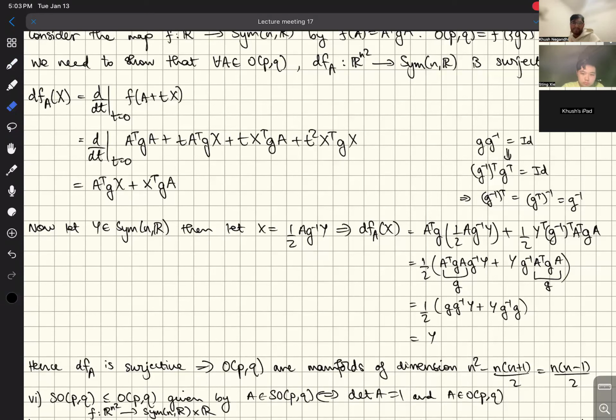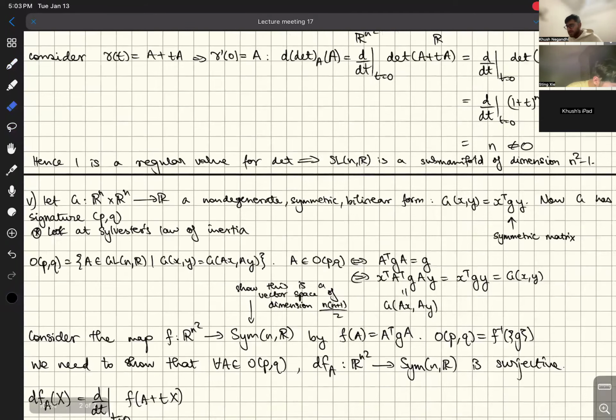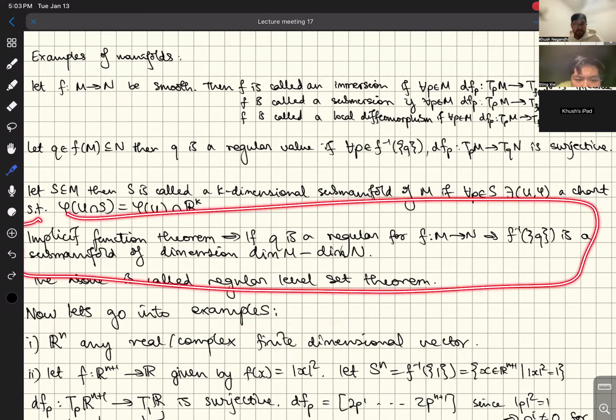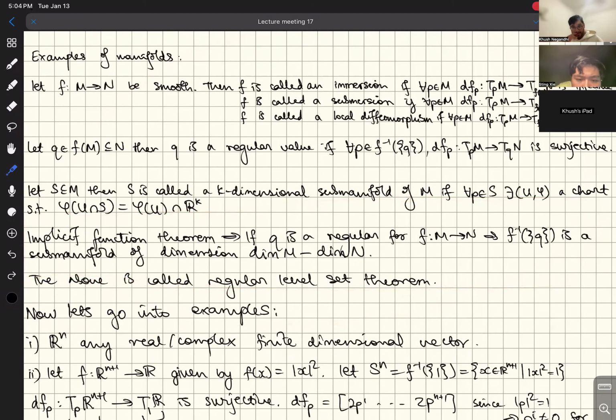You can't have one without the other, kind of. So one thing that you could do to help yourself understand this is understand the regular level set theorem, because I think that's where most of the magic is actually happening. So understand the implicit function theorem, understand the regular level set theorem. Eckhart's book again is very good for all of this.